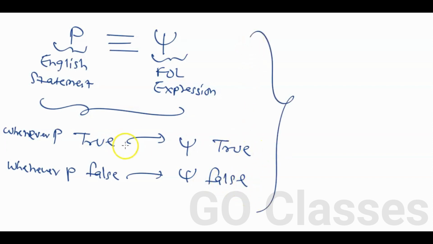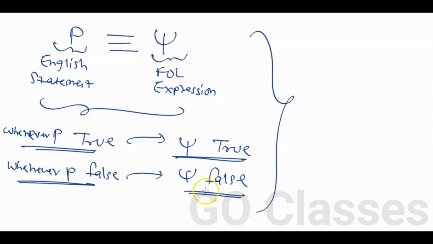Whenever this English statement is true, our expression must be true. Whenever this English statement is false, our expression must be false. If this property is satisfied, then we will say that this expression is a correct expression for this statement, or that this English statement is equivalent to this first order logic expression.